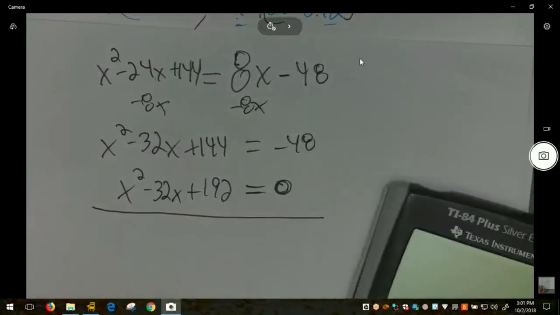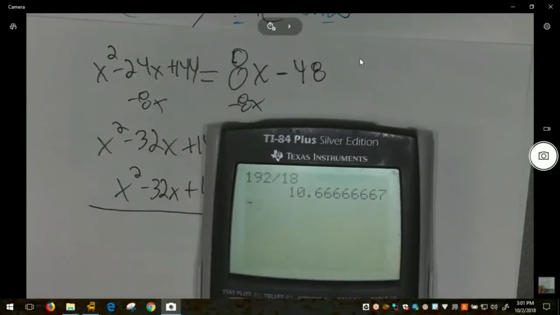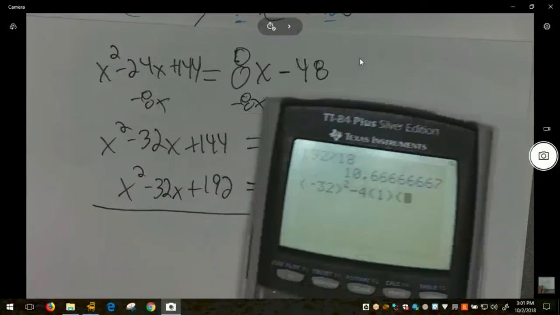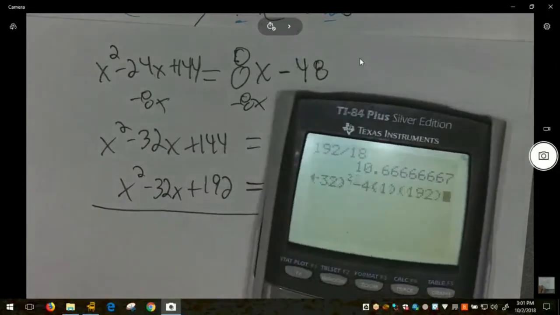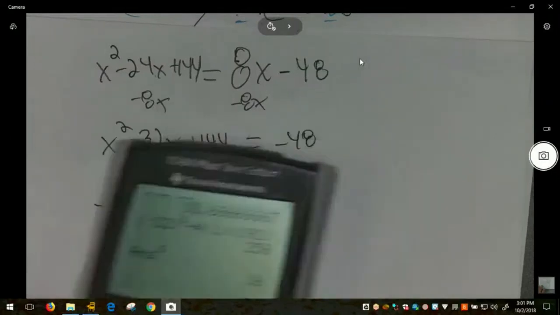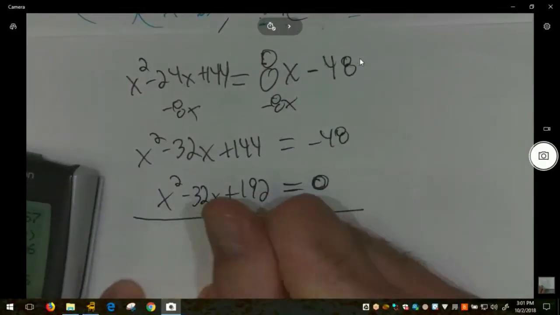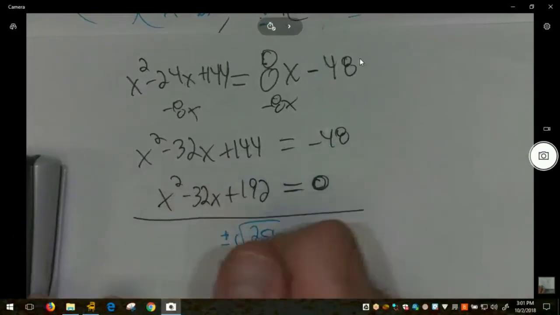We're just going to do the quadratic formula. So I've got the opposite of 32, squared, minus 4 times a times c gives me 256, which is a perfect square, 16. So anyhow, it's 256. I started doing the quadratic formula, so let's just finish with it.